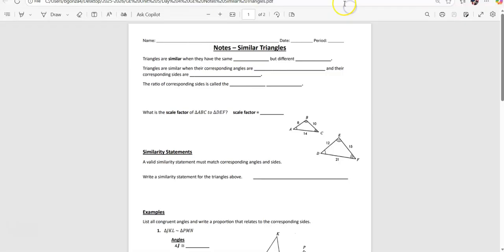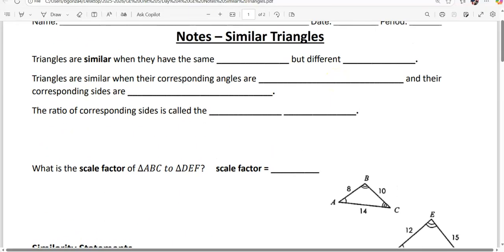All right, cool. Similar triangles. So first things first on here. Triangles are similar when they have the same shape.